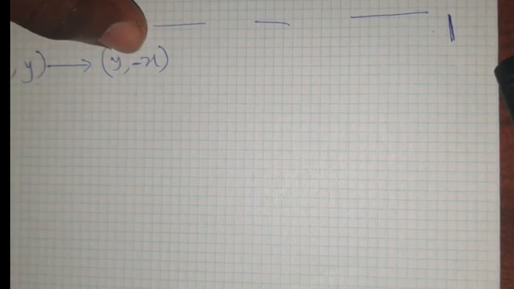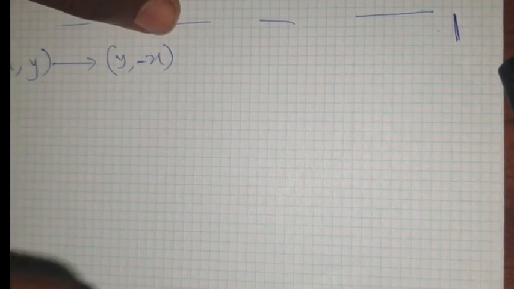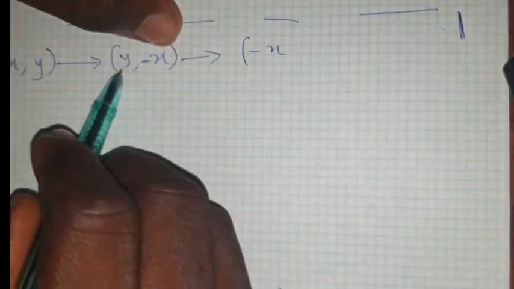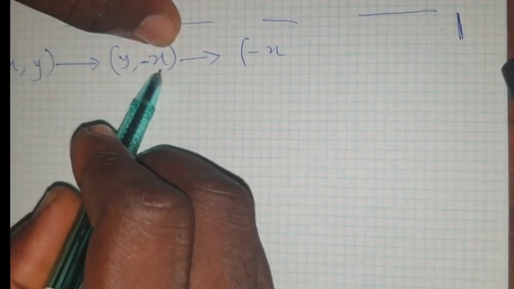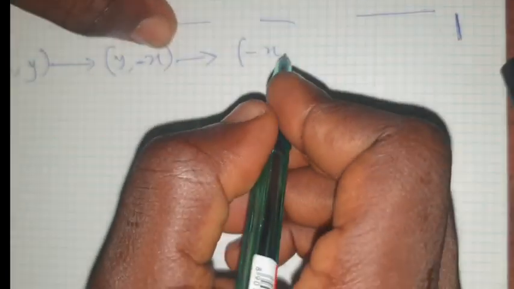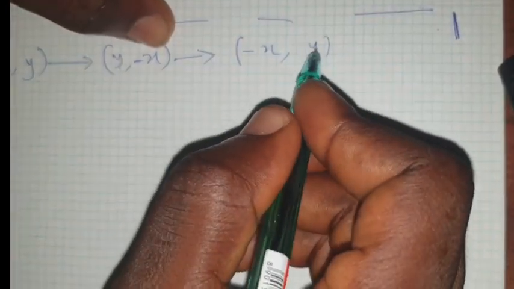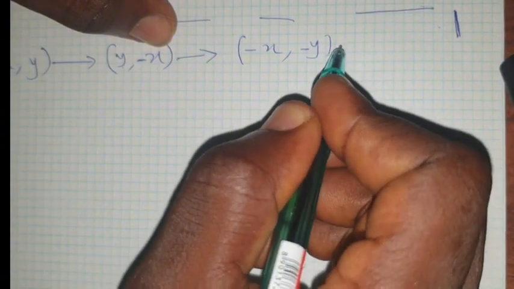If you now want to rotate this again by another 90 degrees, it's now going to be minus x comma y, switching x and y, but the new y value is now minus y. And so on like that.